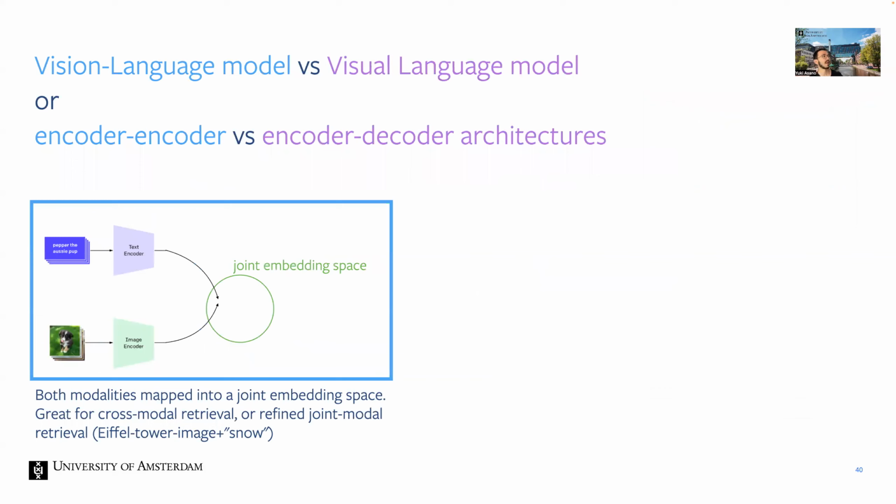All right, vision language models versus visual language model, or some people also call it encoder versus encoder-decoder architectures. So on the left, we can see CLIP, which projects these two into this joint embedding space. And you can do retrieval tasks, you can do zero-shot classification, which is great.